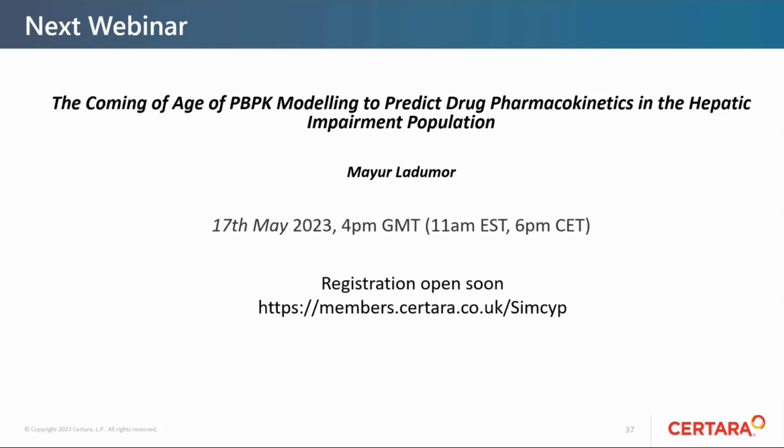So that'll be a really interesting presentation. Registration will open soon, so look out for that on the members area. For those of you who haven't logged in yet, there is a new members area anyway, so perhaps try and do that in advance as well.